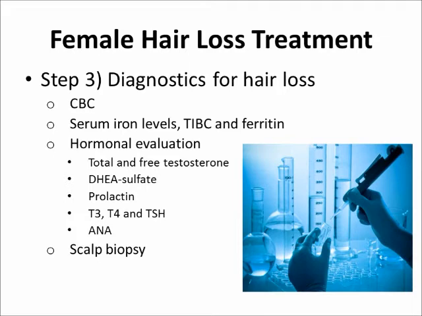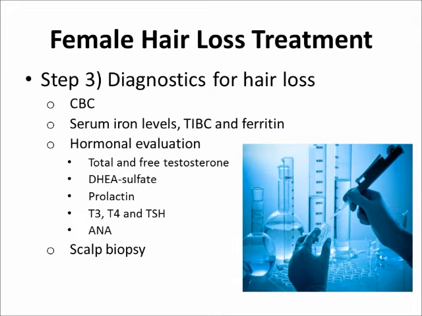Hormonal evaluation. Many hormonal situations may cause hair loss in women and men. The most important ones are total and free testosterone, DHEA, prolactin, and thyroid hormones. Other than those, we have other lab work to evaluate diseases like lupus or rheumatoid arthritis and those types of medical conditions.